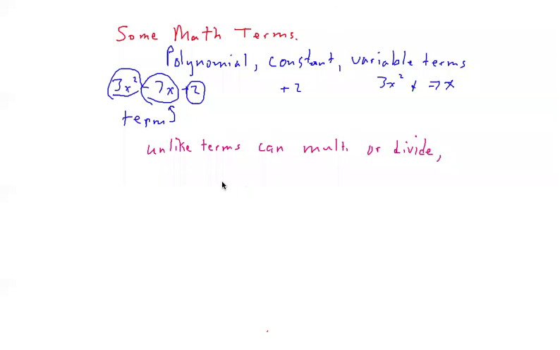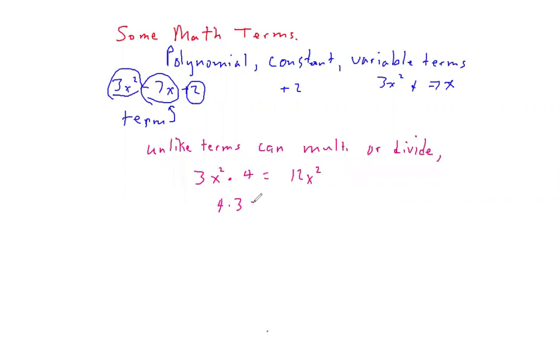Unlike terms can multiply or even divide. For instance, if I took 3x squared times 4, that'd be 12x squared, right? Because of the commutative law, I can put them in any order.